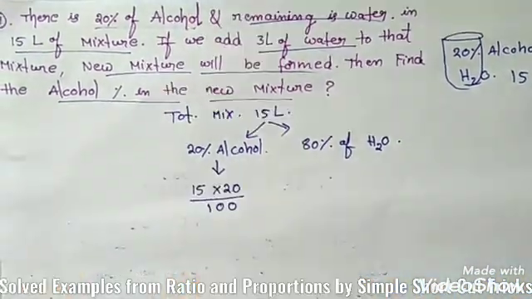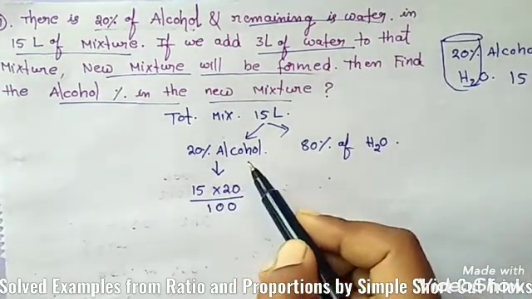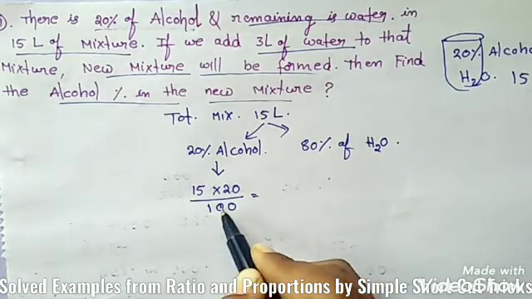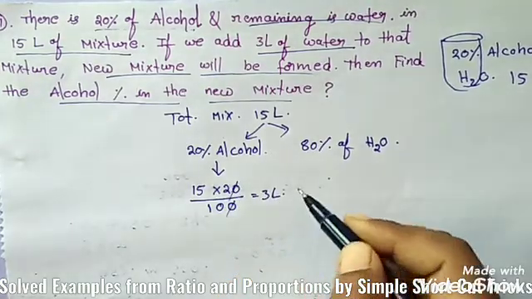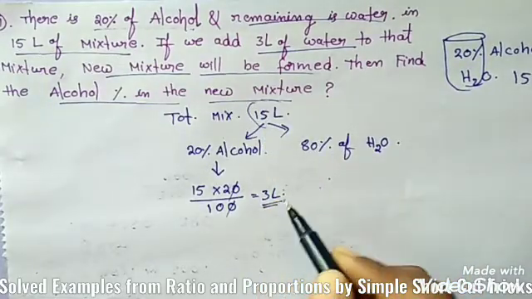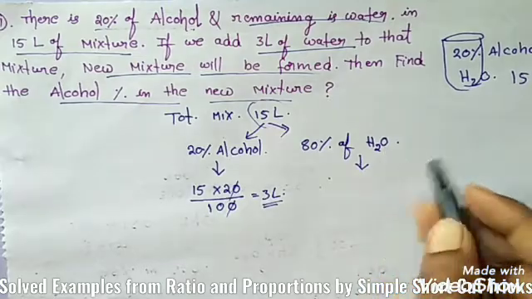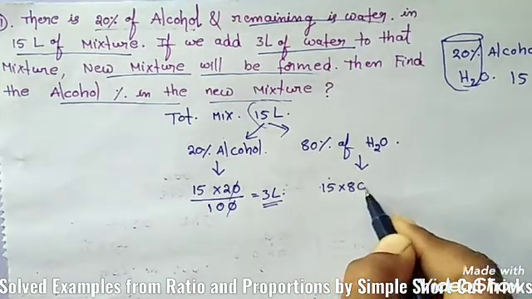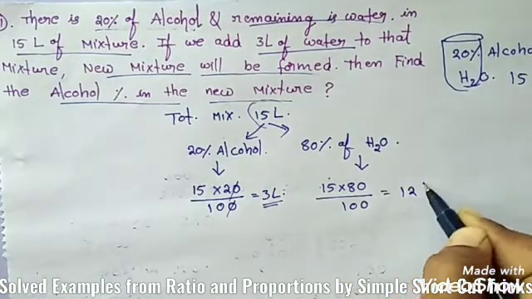Now to get the quantity of alcohol, 20% alcohol means 15 into 20 by 100, that is simply 3 liters. So in this 15 liters total, the alcohol is present in 3 liters. 80% water means how much in liters? You can say 15 into 80 by 100, then you will get 12 liters.